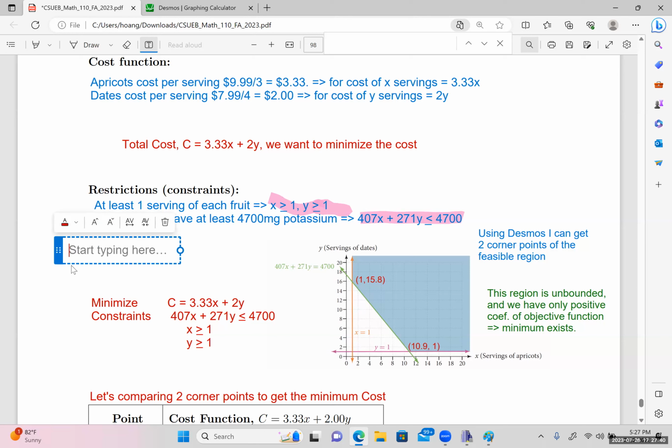Maybe I'm going to write some steps here. Step 1, set up the optimization equation with constraints.